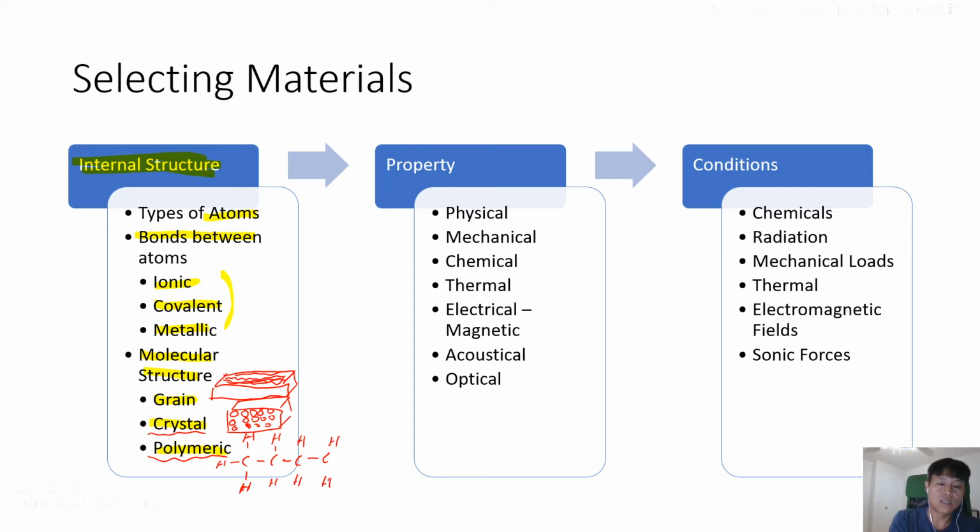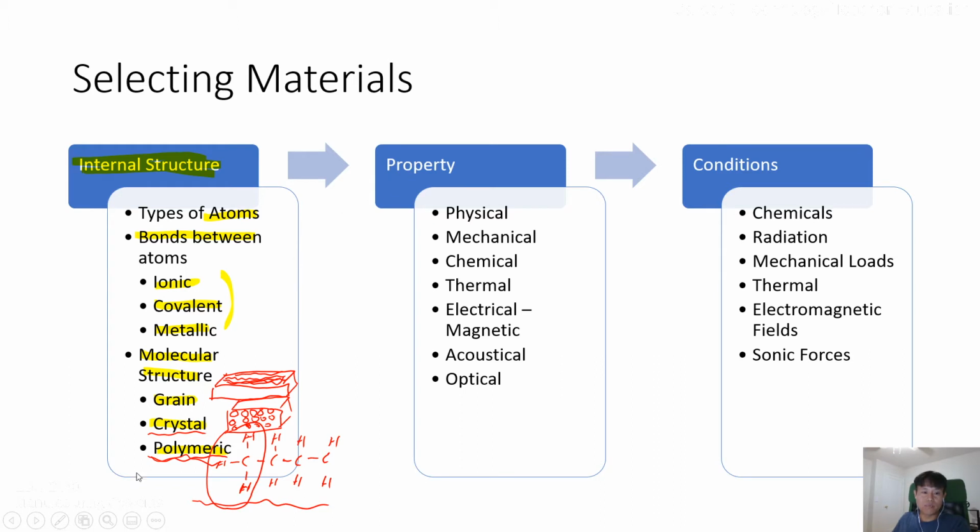These types of chain-type material structures we call polymeric. One structure is a monomer, but multiple monomers make a polymer. That is plastic, right? All plastic has this similar structure. All plastic is like this. This also has a polymeric structure.